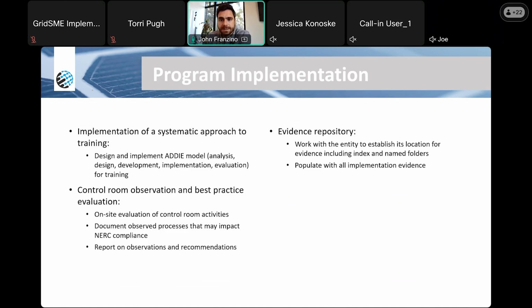Because that's one thing the traditional IOUs, vertically integrated utilities, have going for them. They have these programs, but if there's an evidence gap or documentation doesn't tell that story from 6 years ago that comes up during audit, there's usually Bob down the hall that's been there for 30 years that you can tap on for an audit interview and kind of piece together what actually happened if documentation is sparse.